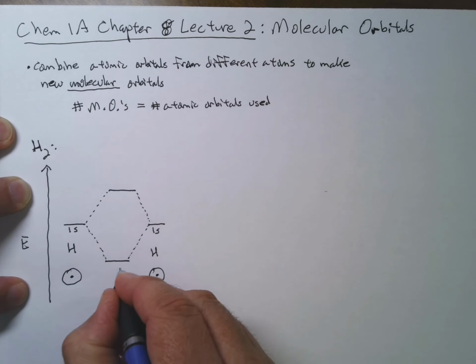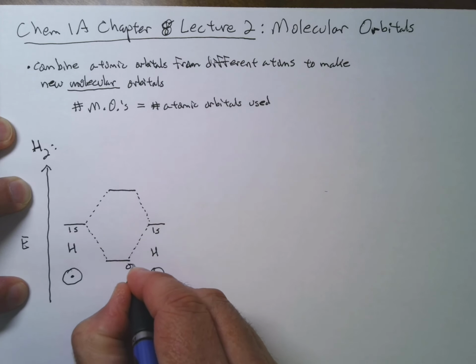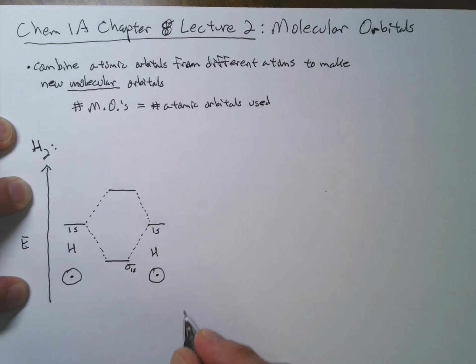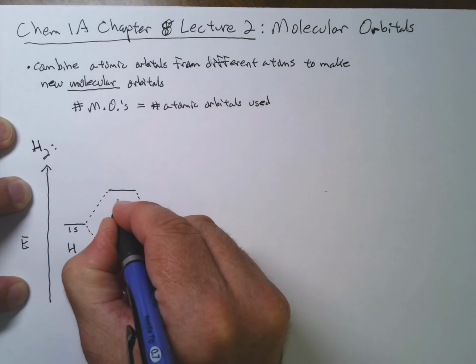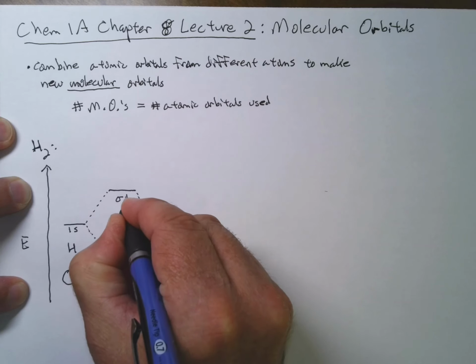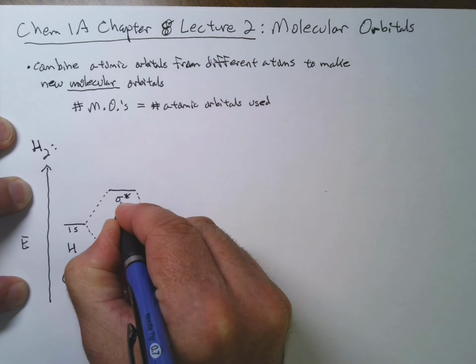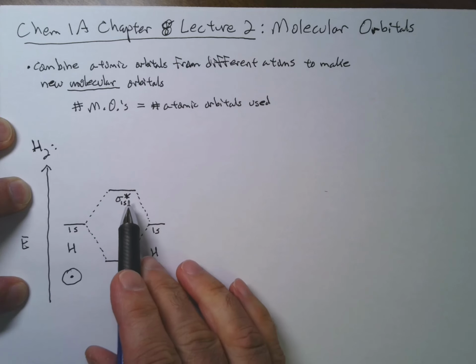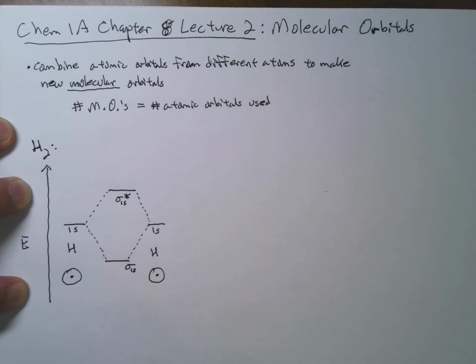And so we call this lower energy one the sigma 1s orbital. And the higher energy one we call sigma star 1s. So the little asterisk we call star. And now let's go ahead and put some electrons in here.